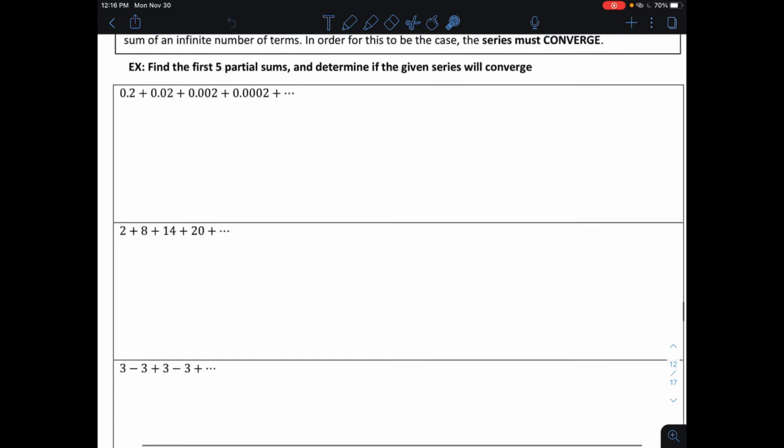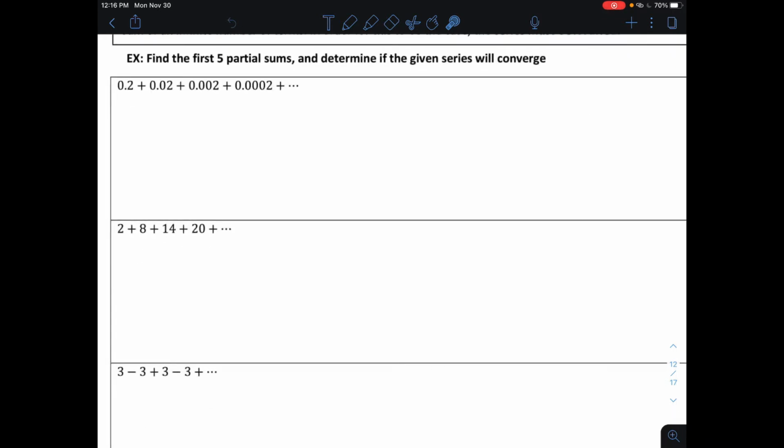So looking here at this first example, we want to find the first 5 partial sums of the series that are given as follows. Well, the first partial sum is going to be equal to the sum of just the first term, which is 0.2. The second partial sum is going to equal the sum of the first 2 terms, which would be a1 plus a2.